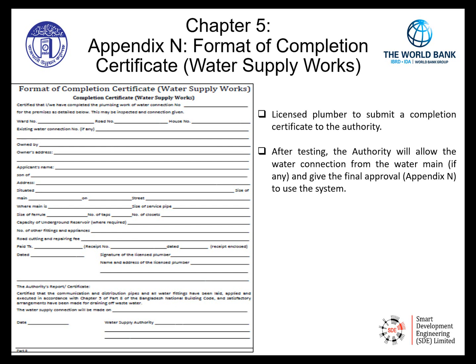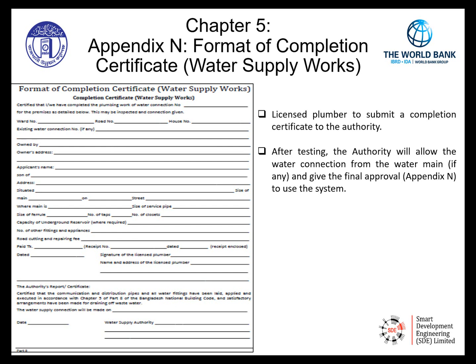And as indicated here, it states certified that I or we have completed the plumbing work of water connection, given a number, for the premises as detailed below. This may be inspected and connection given. Again, ward number, road number, house number. The plumber must state the location of the work that has been performed.